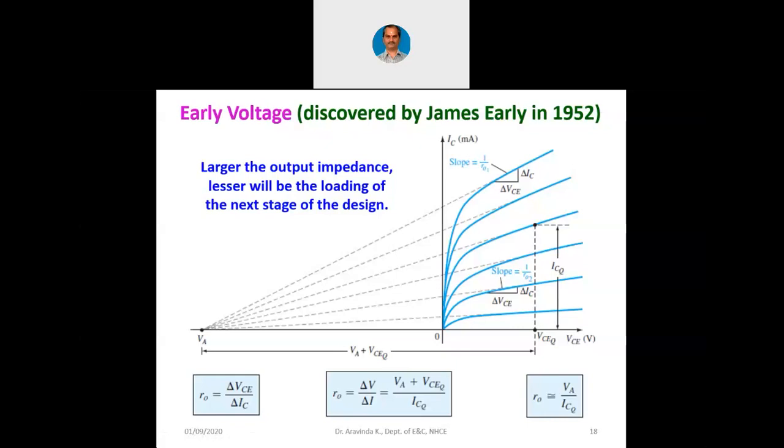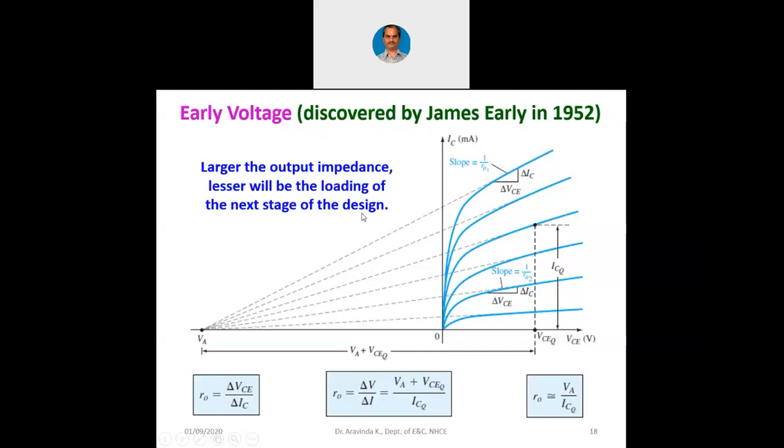So, in such a case, the larger the output impedance of a given pre-amplifier, the lesser will be the loading of the next stage of the design. Now, don't get confused with the statement which I made earlier, that ideally an amplifier should have a very low output impedance. Ideally, if the amplifier is single, then we expect a very low output impedance. Here, we are discussing the cascading or series connection of amplifiers.